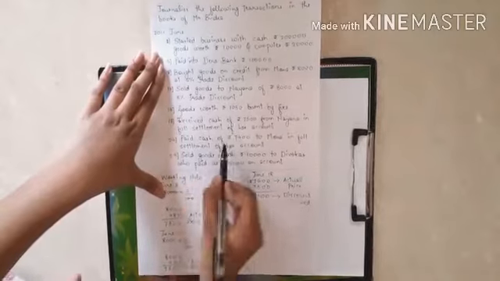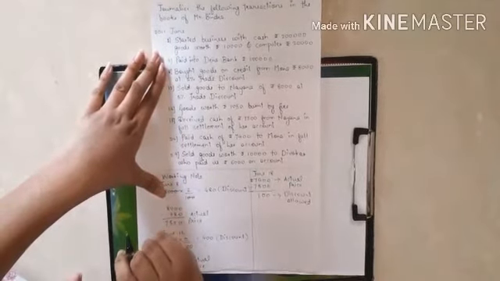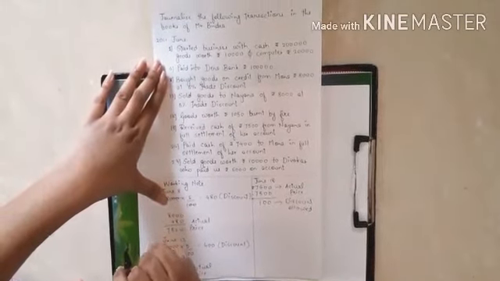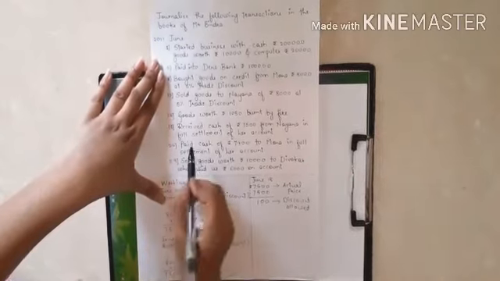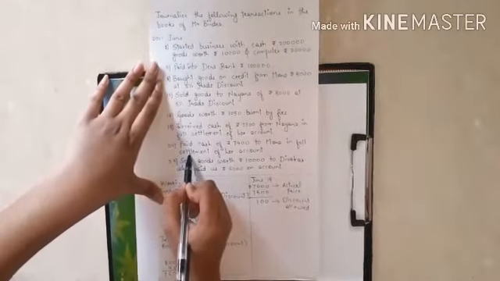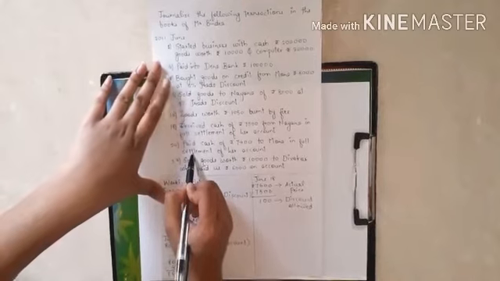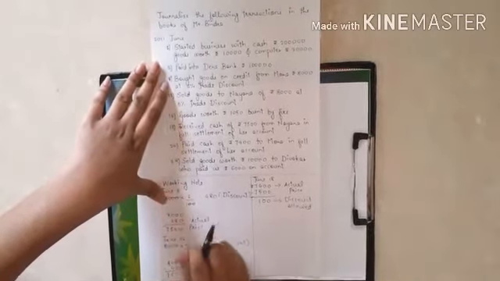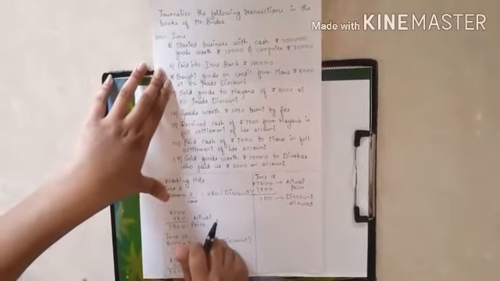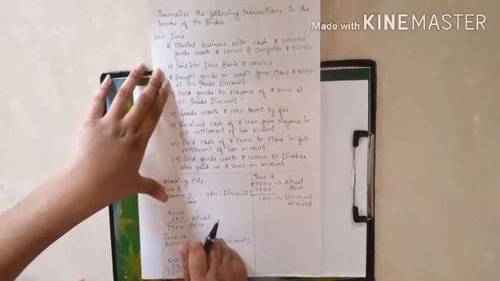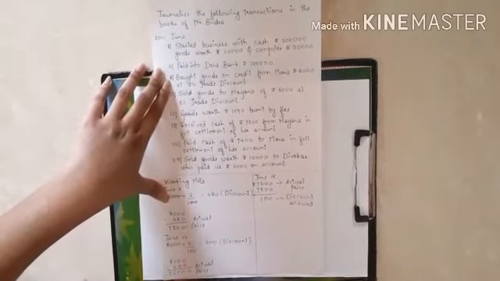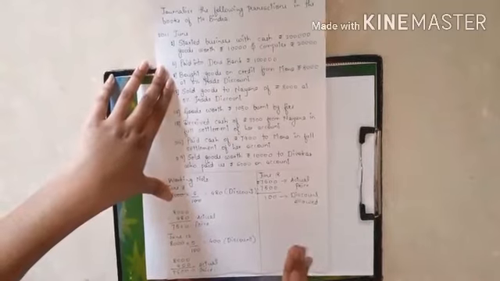Okay. Next, paid cash of rupees 7,400 to Mona in full settlement of her account. Now, this transaction is related to the 8th transaction. As on 8th June, we bought goods on credit from Mona of rupees 8,000, but at 6% trade discount.